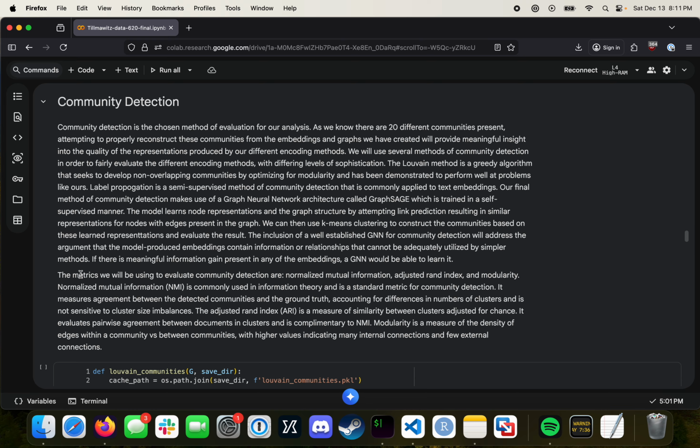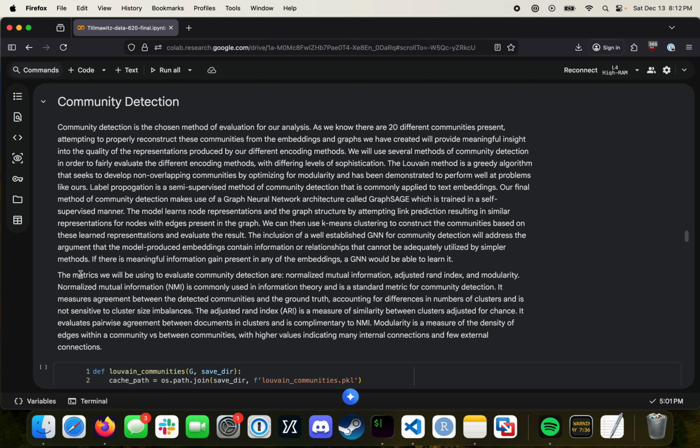The reason for including a significantly more complex method is to address the claim that these transformer models produce embeddings that have either feature interactions or latent information that is in some way not interpretable by more simple methods.